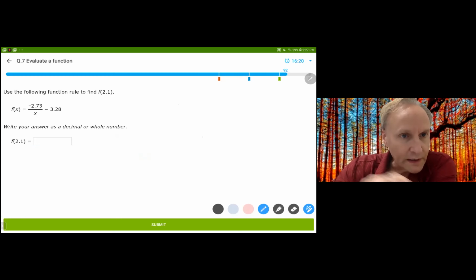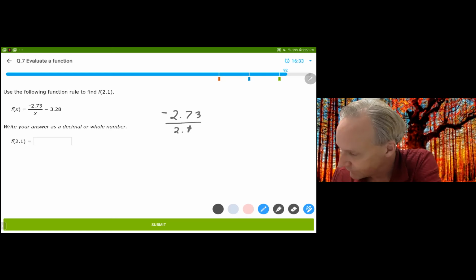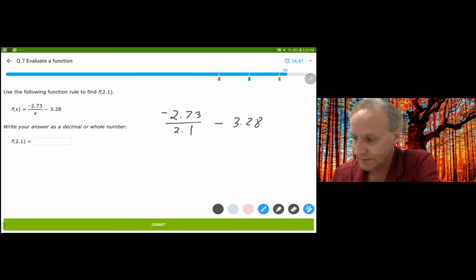This one, okay. We're going to take negative 2.73, divide by 2.1, and then subtract 3.28. This is one of those cases where you probably want to have a calculator handy.